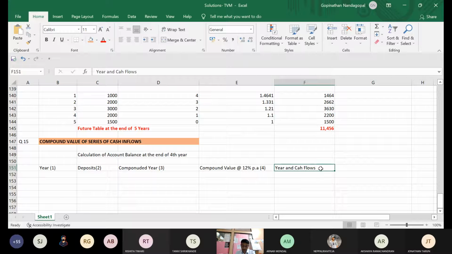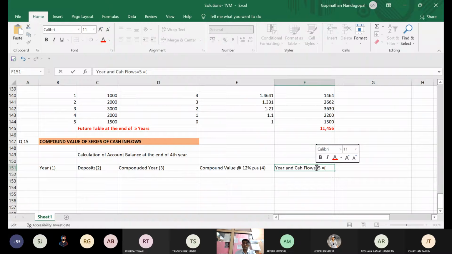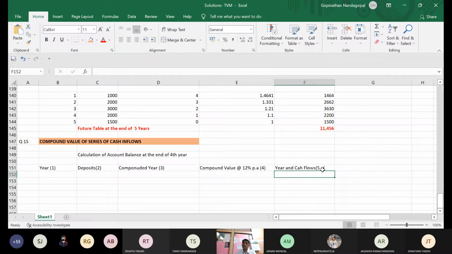The year and the cash flow you can call as 5. So 5 is equal to 2 into 4.